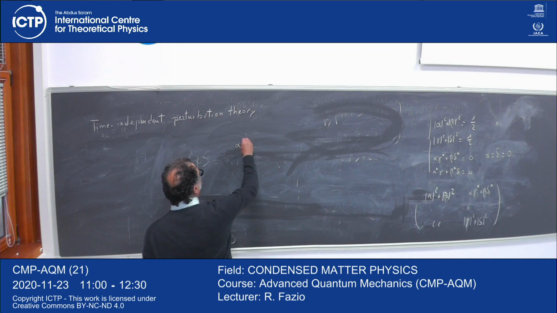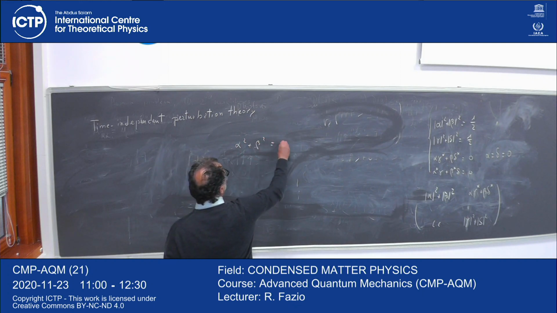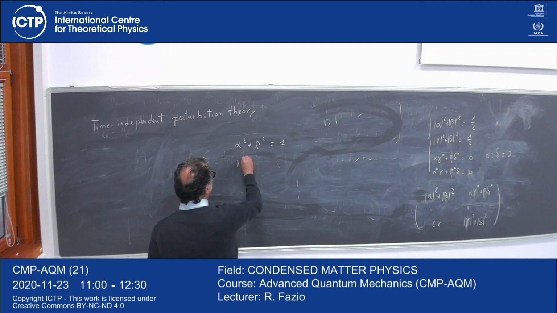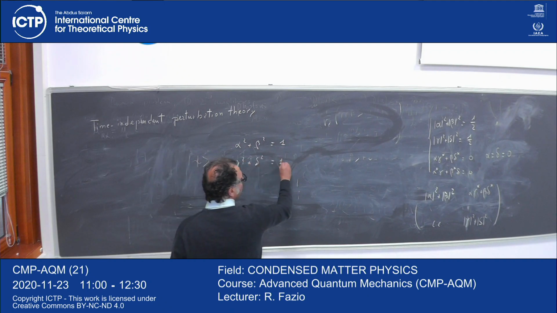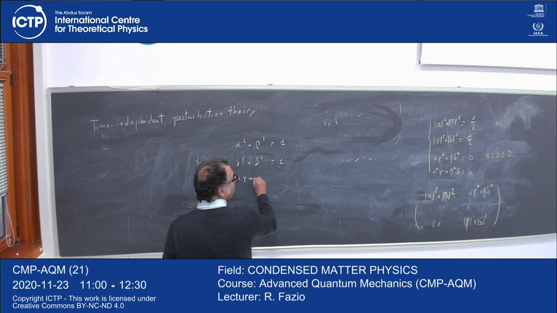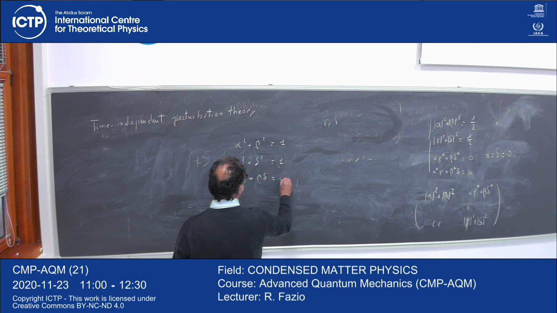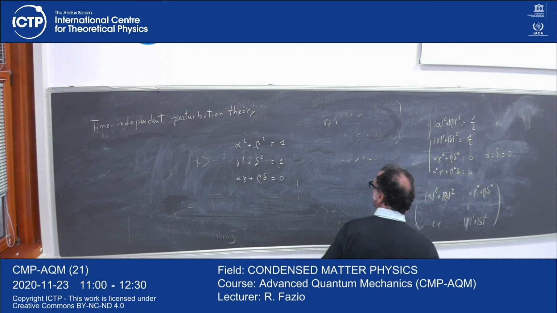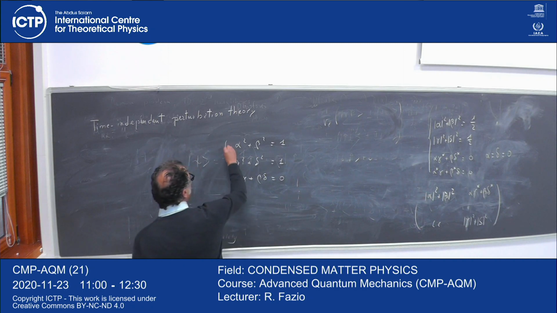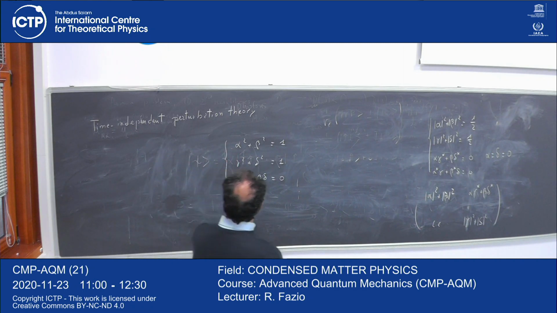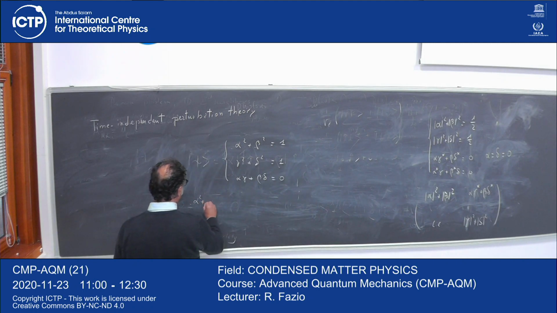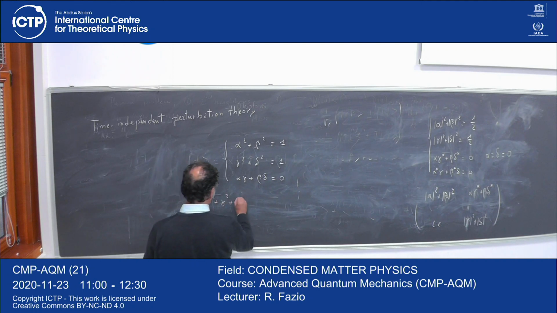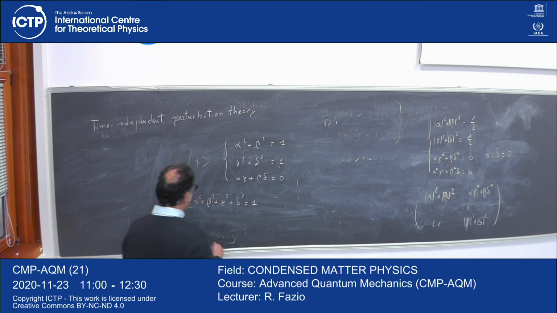So I have alpha squared plus beta squared equal 1. Then I have gamma squared plus delta squared equal 1. Alpha gamma plus beta delta equals 0. And this is the same as before. Moreover, I know that alpha squared plus beta squared plus gamma squared plus delta squared should be equal to 1, right?